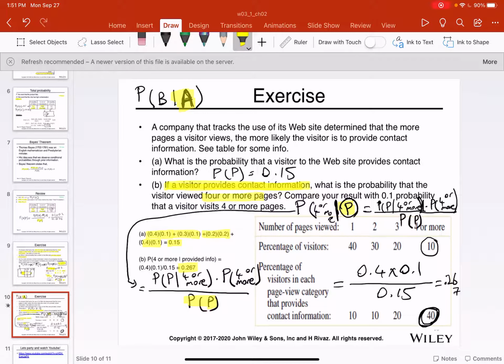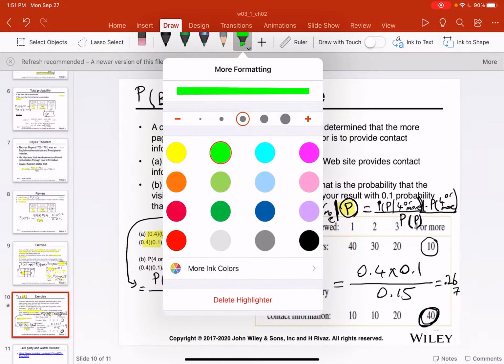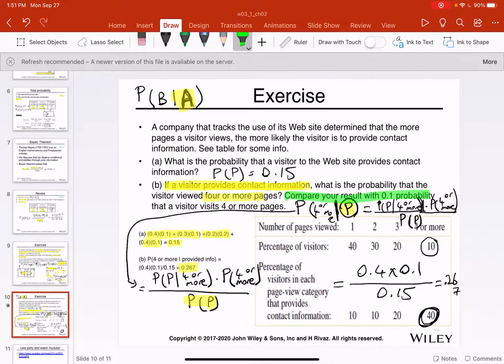Any questions? So the next part of the question says, compare your result with the 10% probability that a visitor visits 4 or more pages, right?